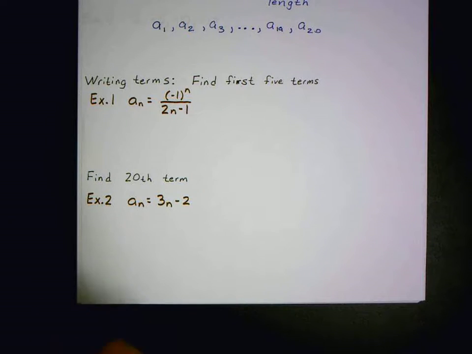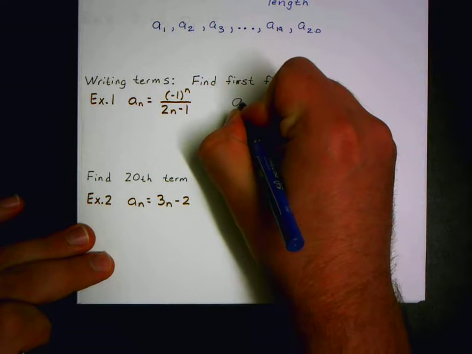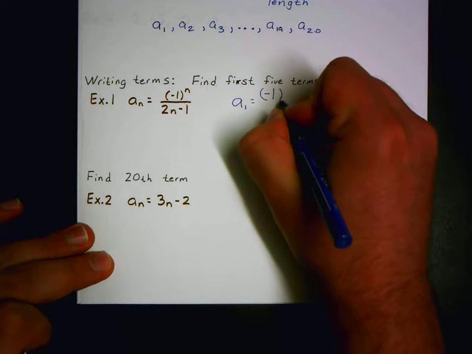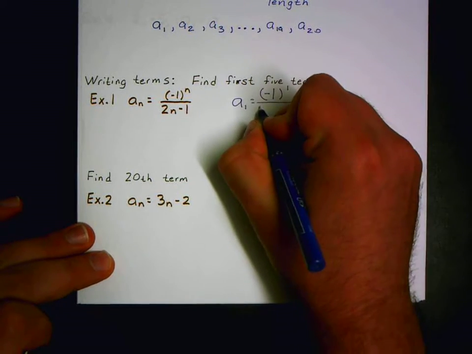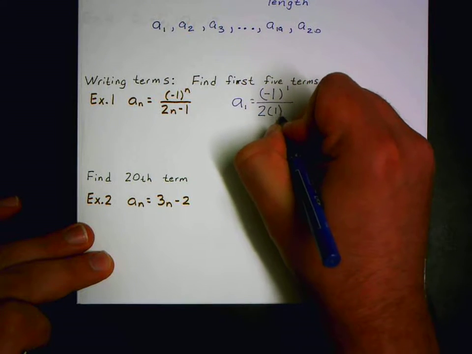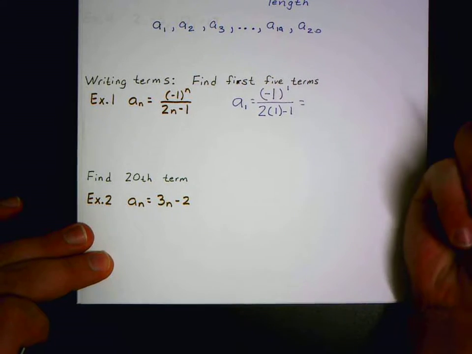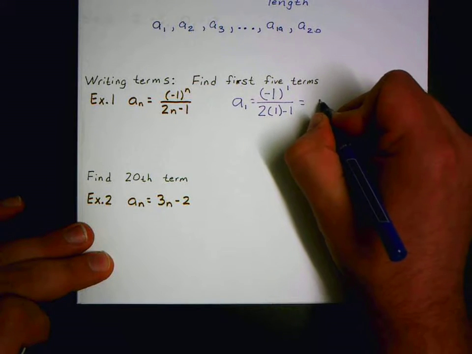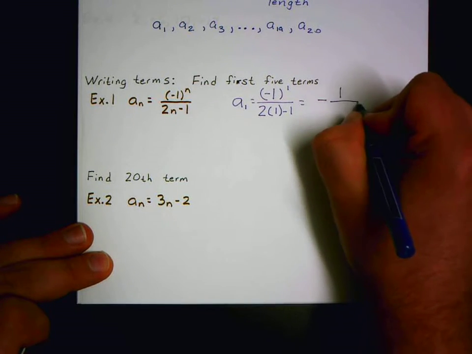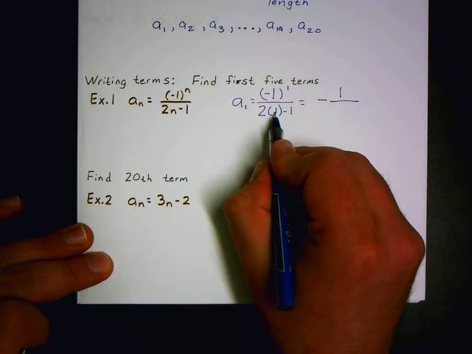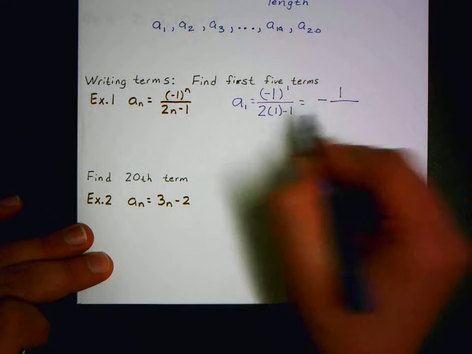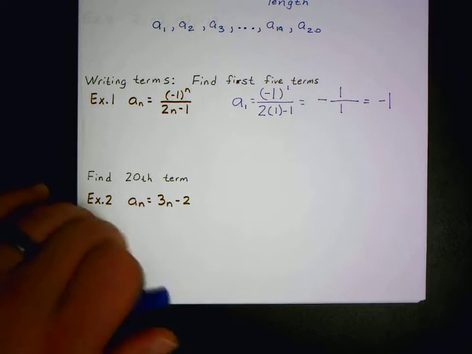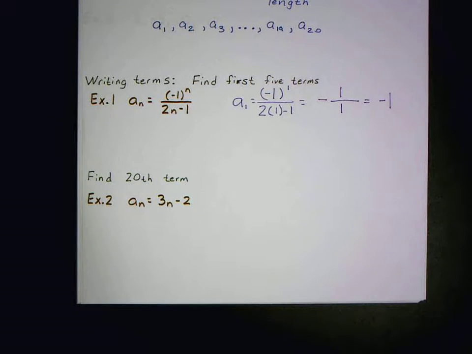So, A1 would be negative 1 to the 1 power over 2 times 1 minus 1. So negative 1 to the 1 power would be negative 1 over 2 times 1 is 2, minus 1 is 1. So the first term is negative 1. That's all it takes to find a term.